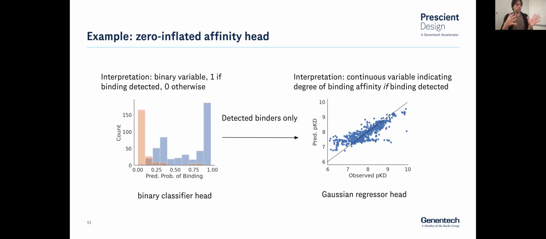And so first, your classifier will make this prediction of whether it thinks the sequence binds or not, and then conditioned on the event that the sequence binds, we'll try to do the ranking based on the continuous KD of these antibodies.